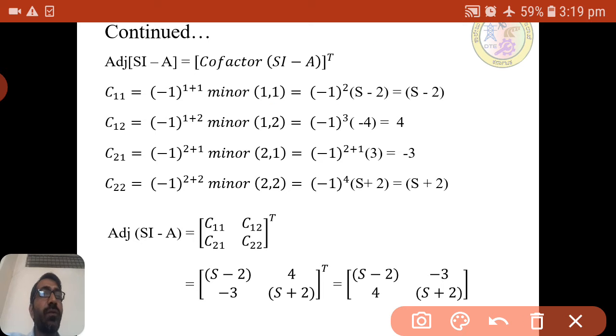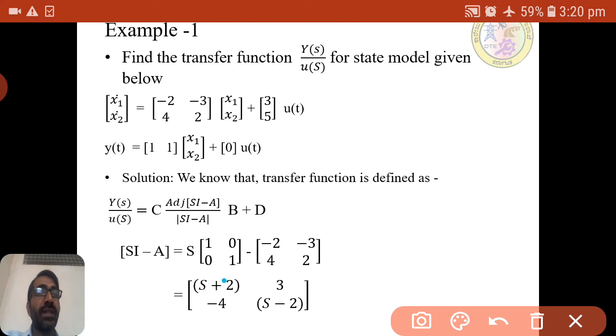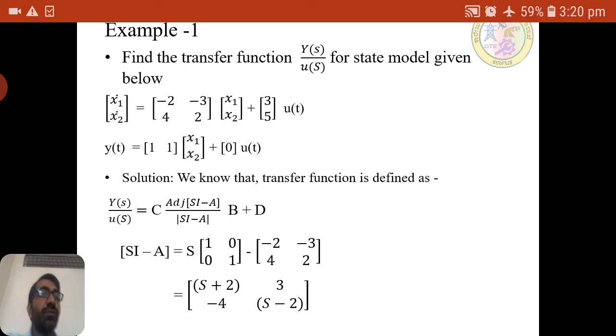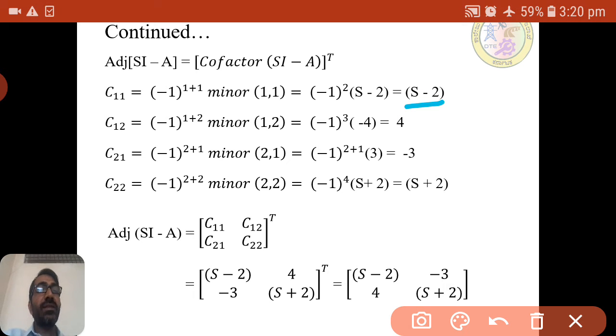How to find out the minor term? If you want to find out the minor term for this, you leave this 2, what is the remaining thing? S minus 2. So the S minus 2 is the cofactor of the first place. C12 is minus 1 raised to 1 plus 2, that is 3, and the cofactor for that is C12.